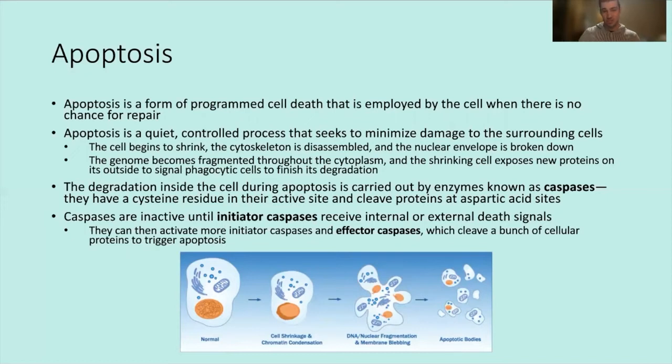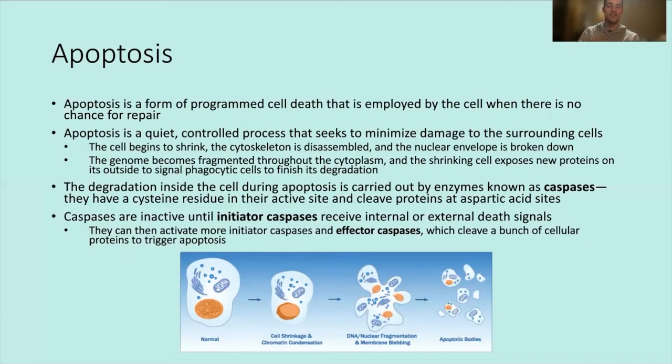So the cell begins to shrink during apoptosis and the cytoskeleton is disassembled and the nuclear envelope is broken down. So the genome becomes fragmented throughout the cytoplasm and the shrinking cell exposes new proteins on its outside to signal to phagocytic cells to finish its degradation. So it sort of just becomes like a soup inside. It loses the cytoskeleton, it loses its structure, and it undergoes this process that's known as blebbing.